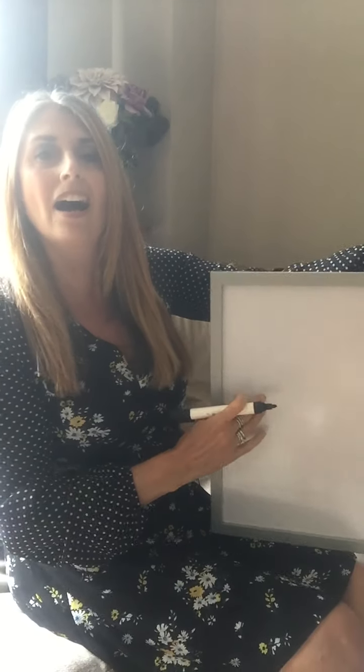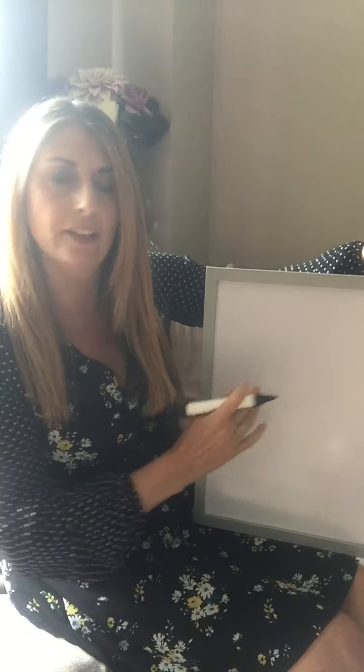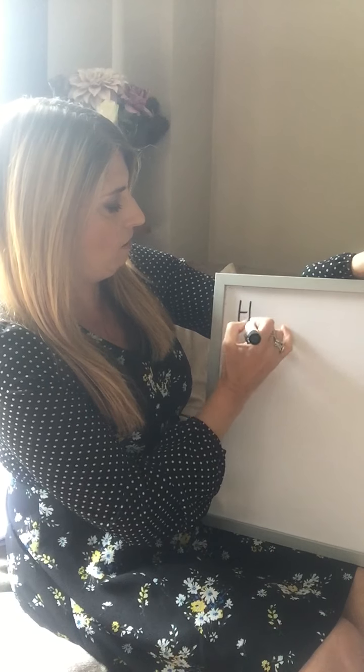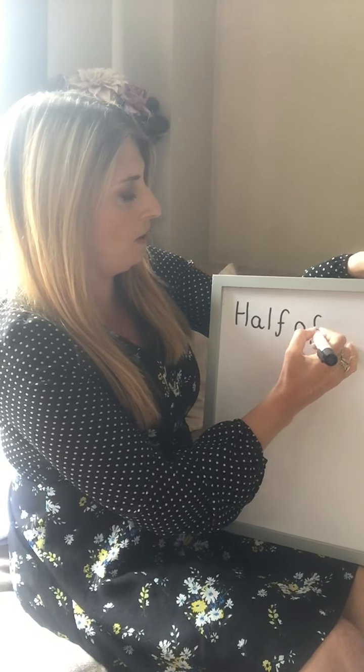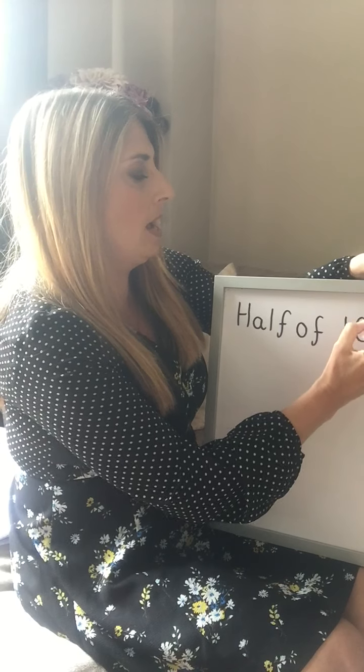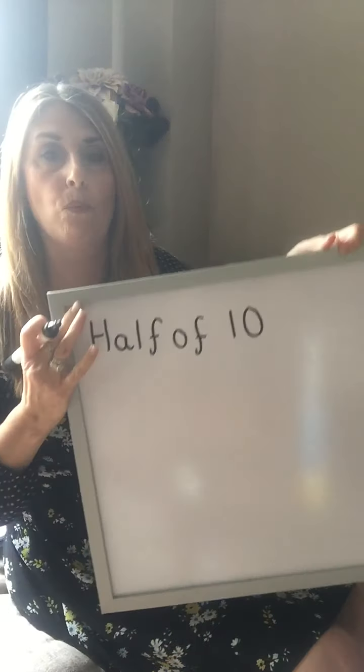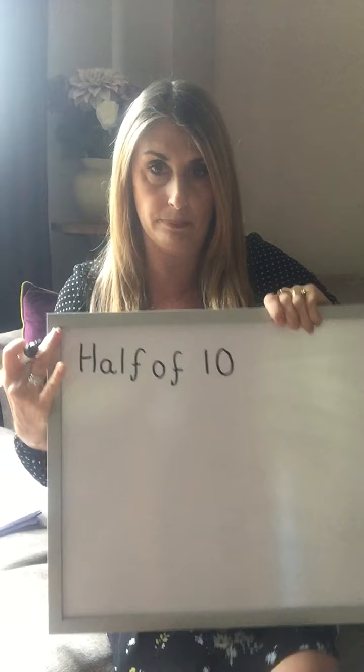Now I'm going to show you how to do it on paper. So I'm going to halve 10. So I'm going to half. So half of 10. Remember, I want my 2 groups.